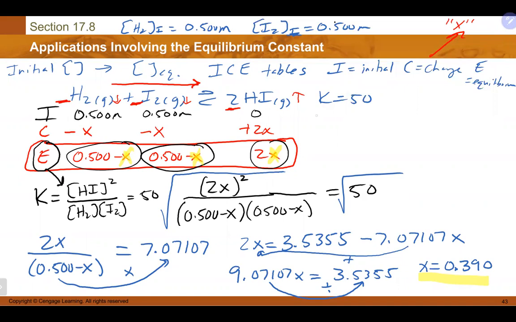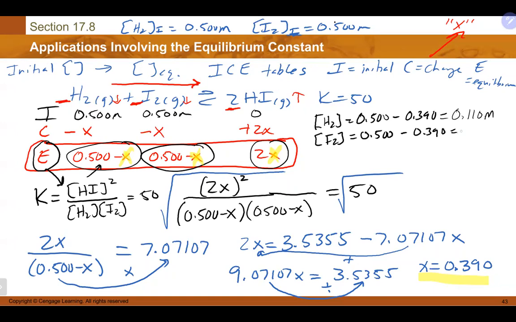So the concentration here of H2 based on our equilibrium line is 0.5 minus 0.390. That gets us 0.110 molar. Our I2 actually will be identical. It will be 0.5 minus 0.390, 0.110.